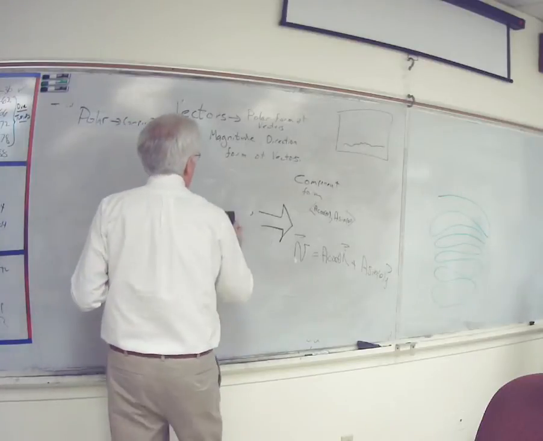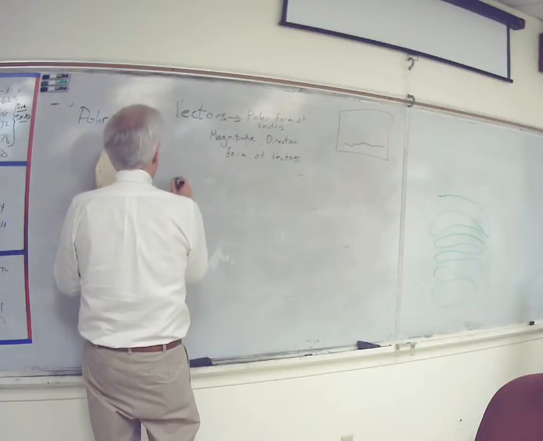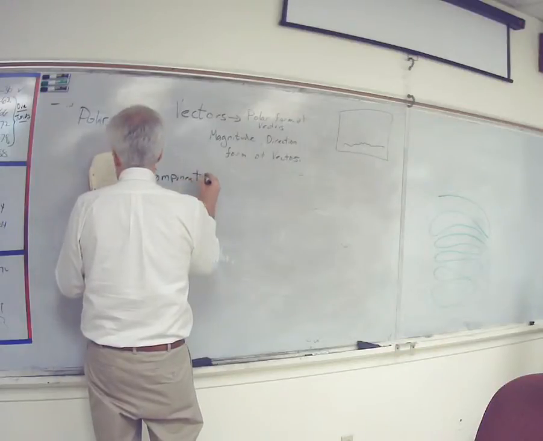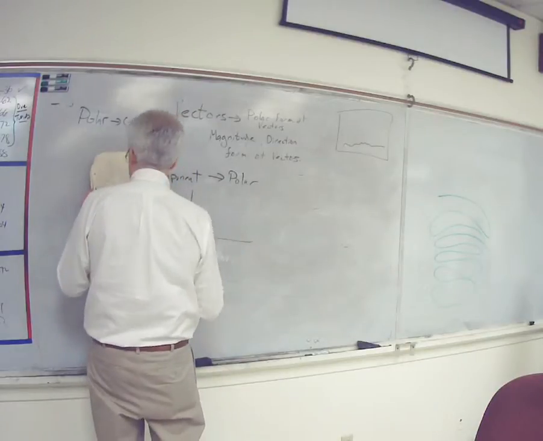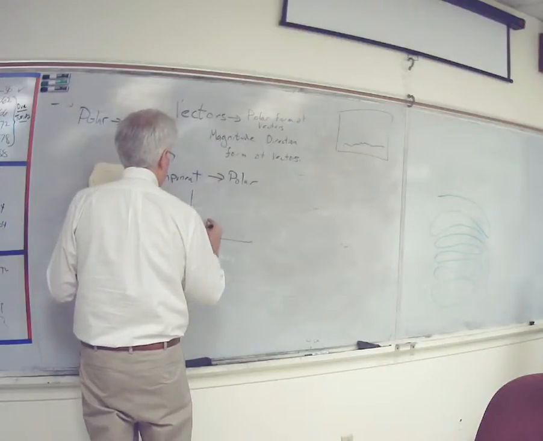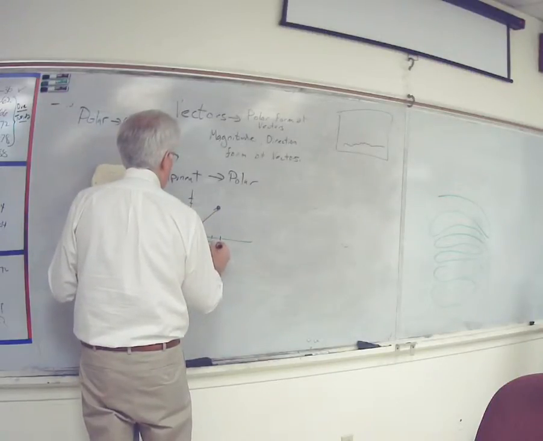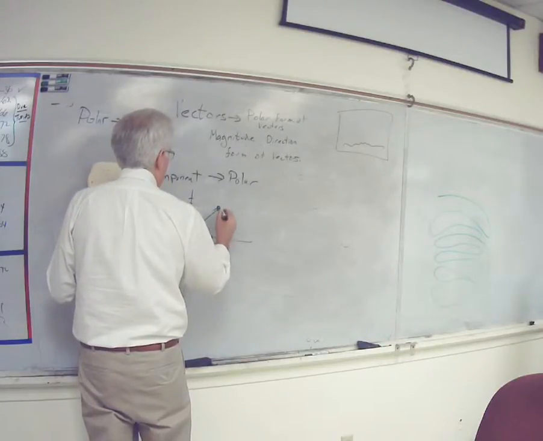Okay, how do we go the other way? Let's see how we go the other way. We want to go from component to polar. I'm going to have some A that I go in the I direction, and then some B that I go in the J direction.